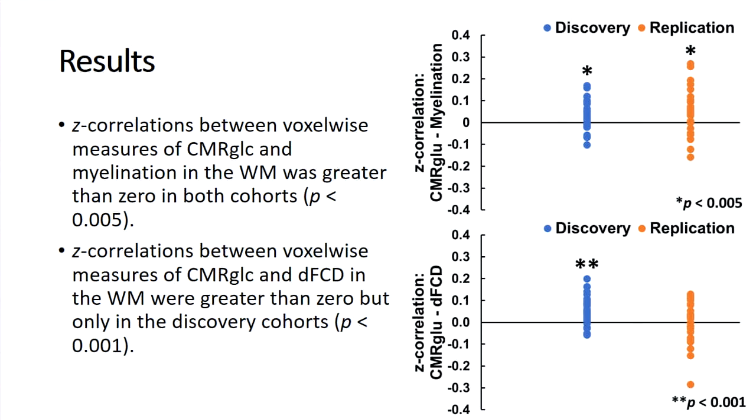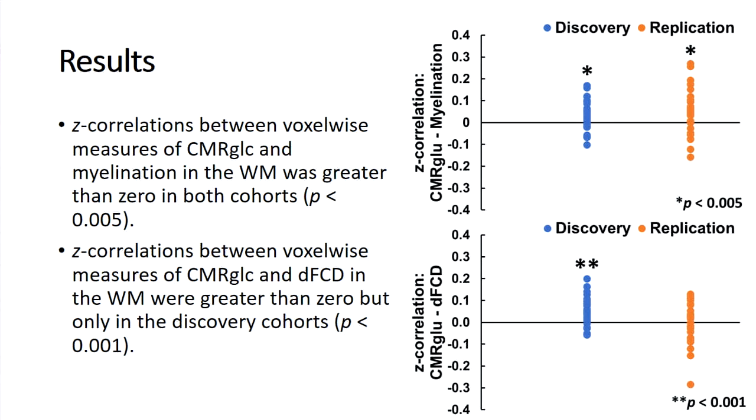Within individuals, you can also look into how, across voxels, these measures are correlated. So in both cohorts, as I originally brought up, higher metabolism was linked to higher myelination within individuals. Basically, we saw a positive correlation in both cohorts for that measure. For the association between metabolism and remote connectivity, this was not reliable.